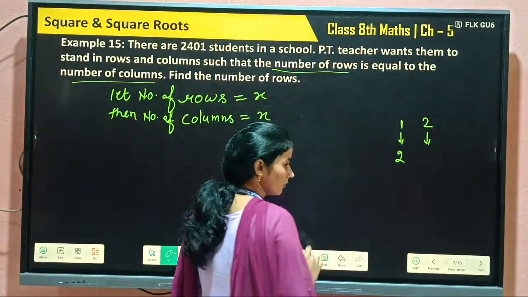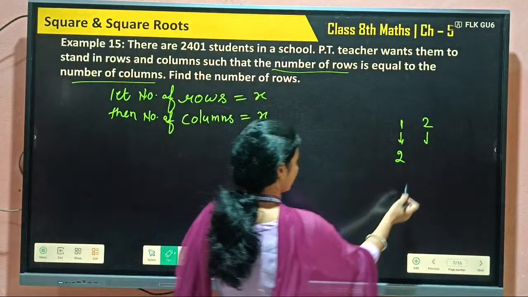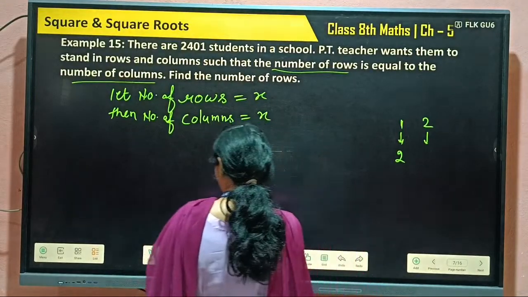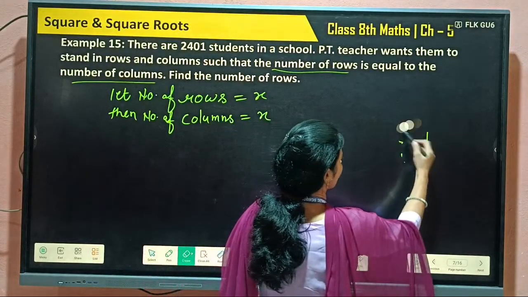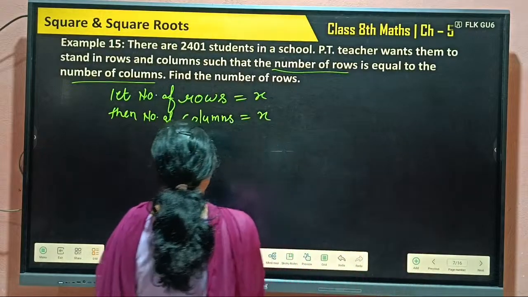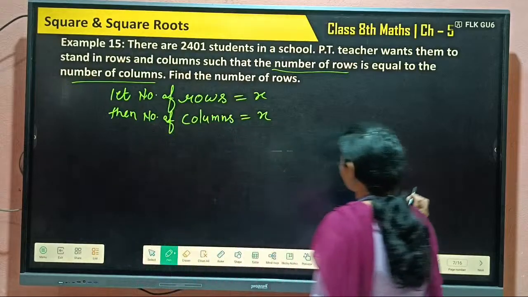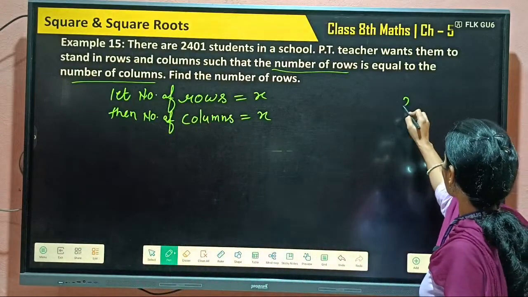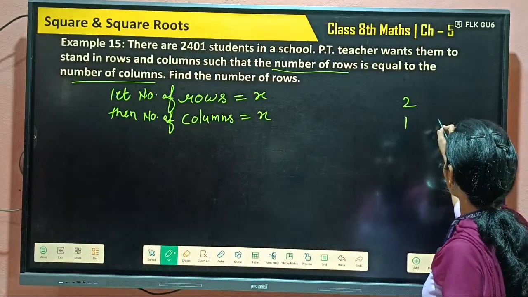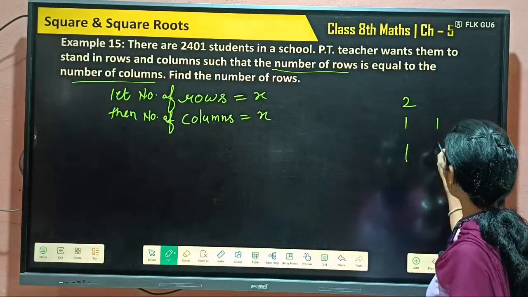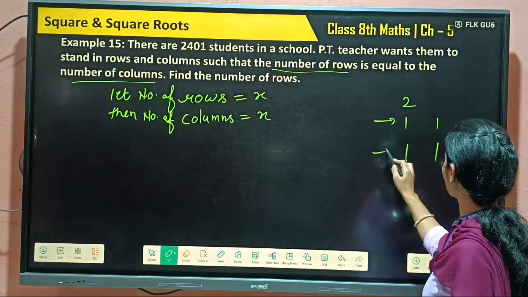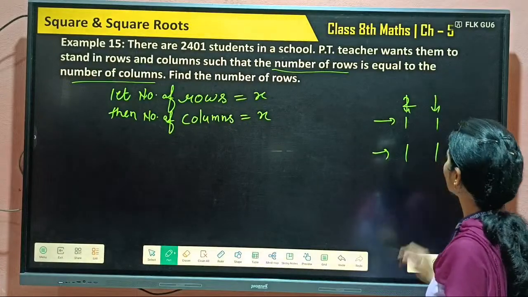Let us see the situation. If there are 2 rows, 1, 2, then there will be 2 columns. These are rows and these are columns.